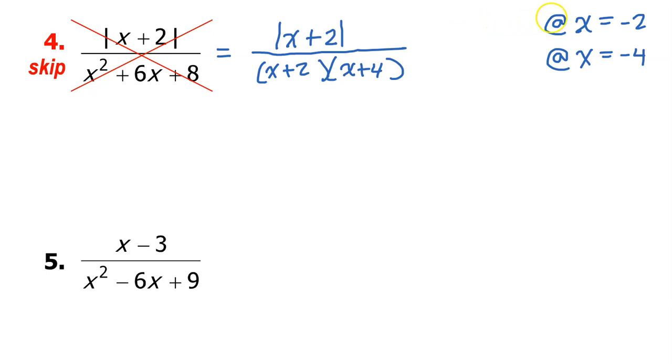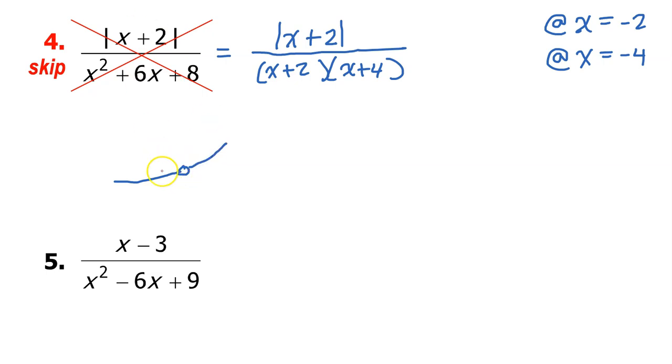What we don't know is whether or not these will be removable or not removable. If the numerator and denominator were both polynomials, we would be able to tell just based on whether or not factors cancel out. But when you have absolute value and other things, you have to use limits to decide whether or not a discontinuity is removable or non-removable. And the bottom line is, if you have a removable discontinuity, that's just a hole.